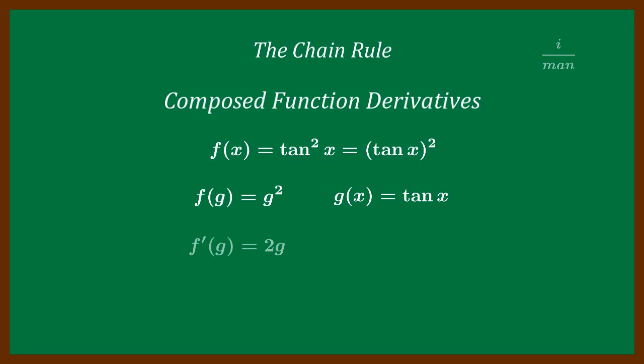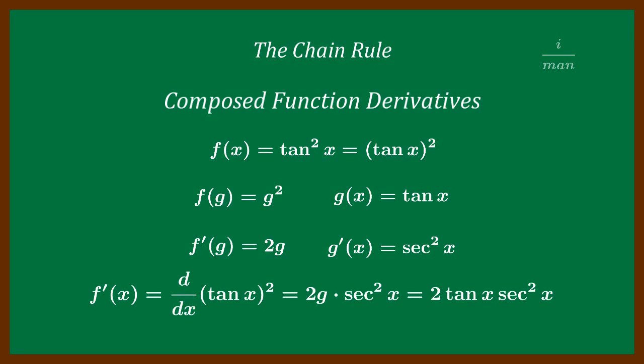So the derivative of f with respect to g is 2g, and the derivative of g with respect to x is secant squared x, since the derivative of tangent of x is secant squared of x. Then using the chain rule, f prime of x is equal to 2g times secant squared of x, which is the same as 2 tangent of x times secant squared of x.